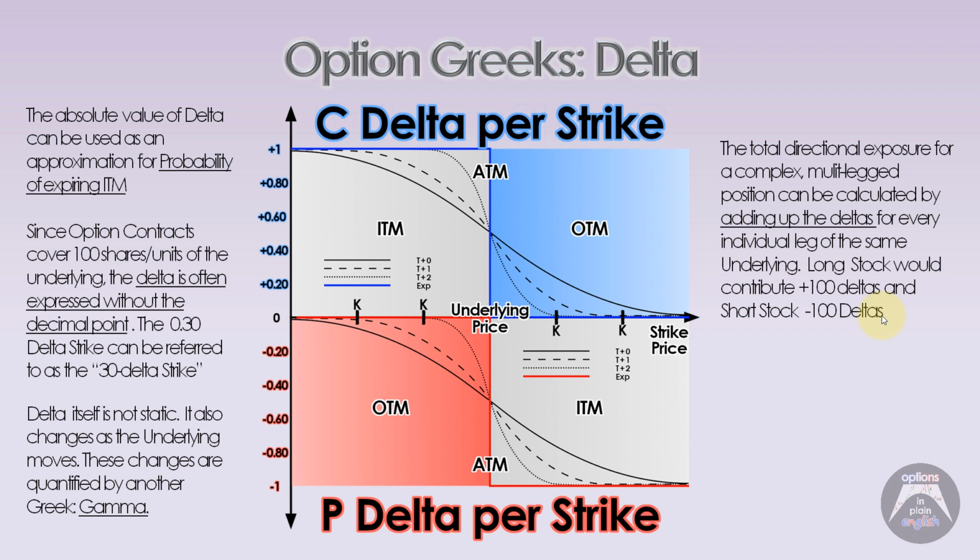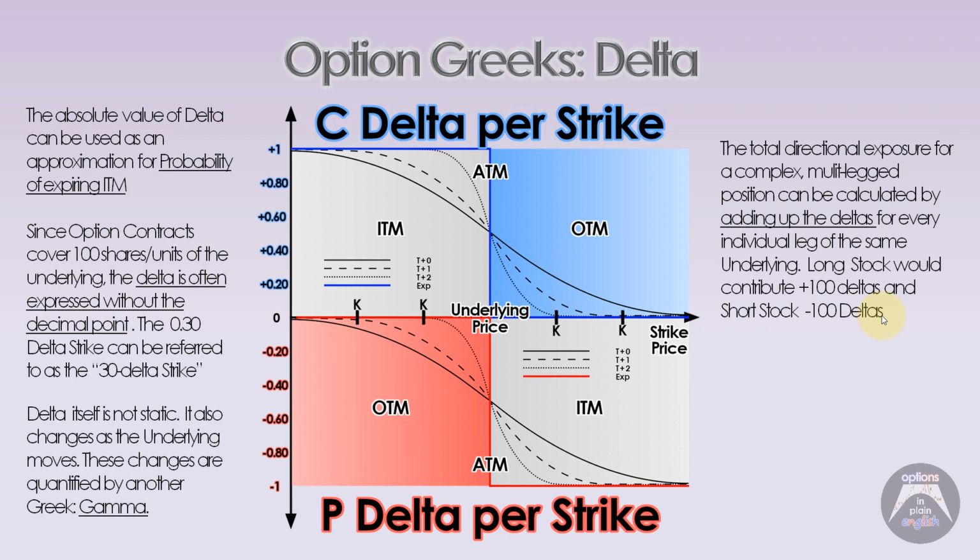So it's just easy to understand that if you have financial instruments in the same underlying, and they're stock and options, or options of both calls and puts, or calls and puts and long stock and short stock, you just add them up, and then you're going to come up with your total exposure for your portfolio for that underlying.